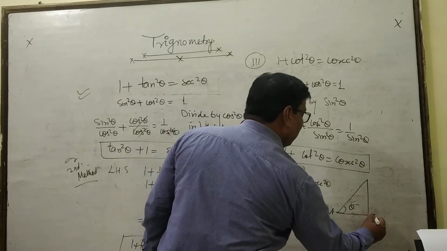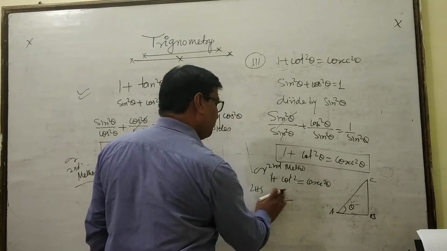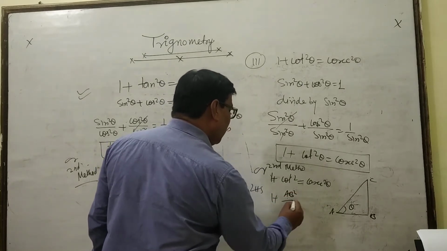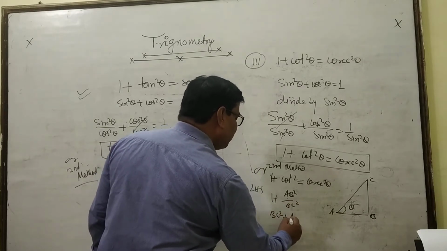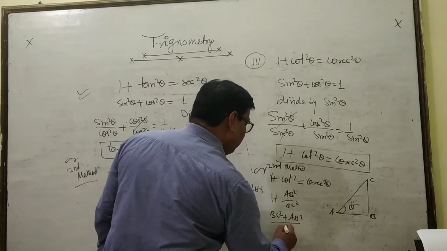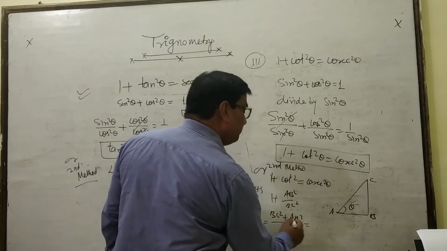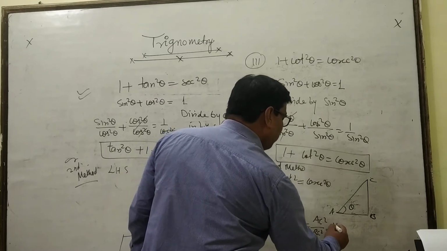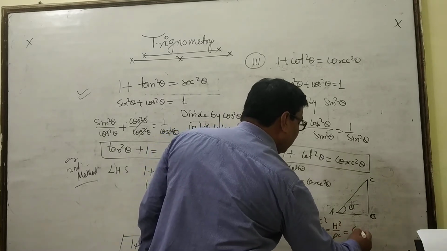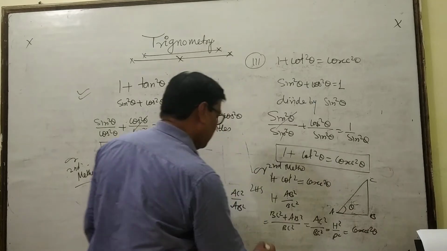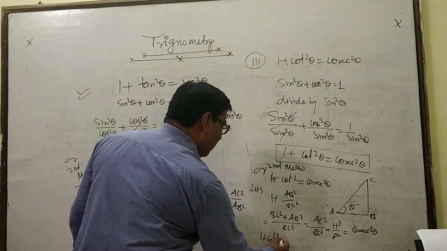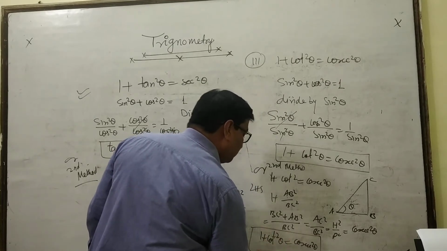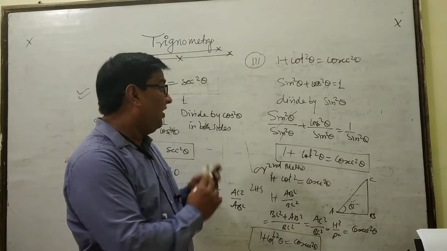Angle B is a right angle. So you will write 1 plus AB square upon BC square. So BC square plus AB square upon BC square, that is AC square upon BC square, hypotenuse square upon perpendicular square, that is cosec square theta. So 1 plus cot square theta is equal to cosec square theta. So it is very simple to derive all these.